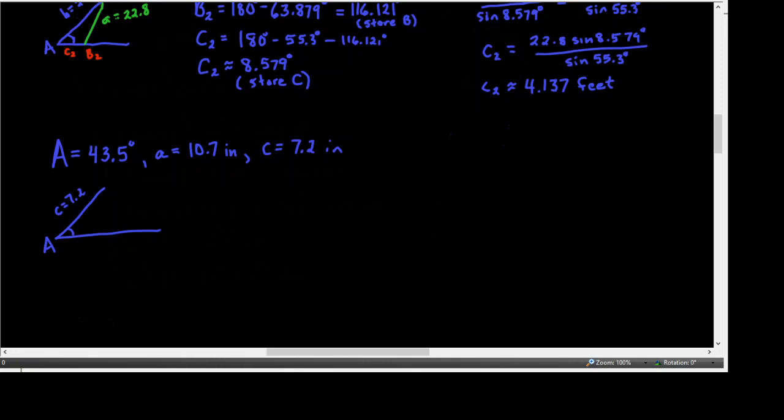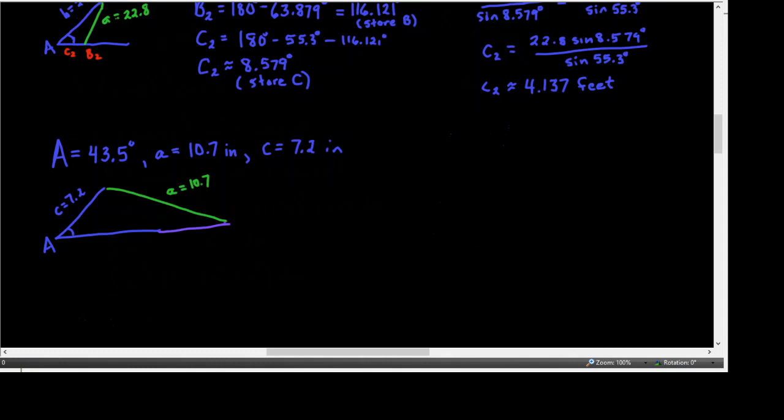That's longer than C. And when that's the case, of course the side at the bottom can be as long as needed. If that's the case, then there's only one triangle possible. This is one of those cases we talked about. If it's an acute angle and A is longer than C in this picture, there's only one triangle.